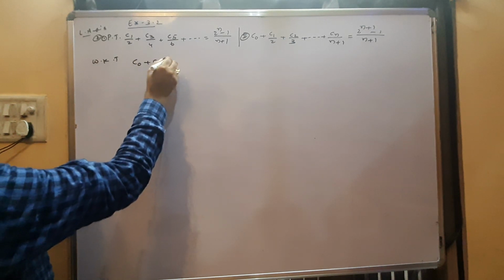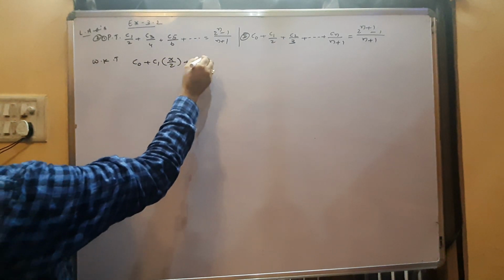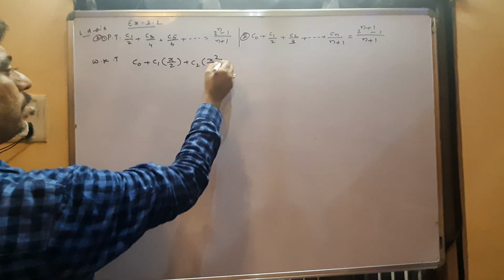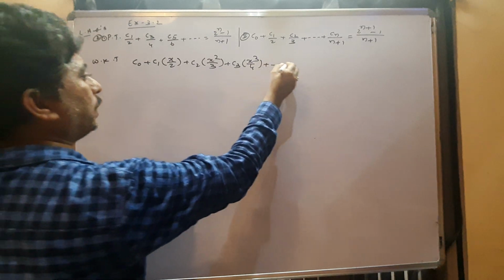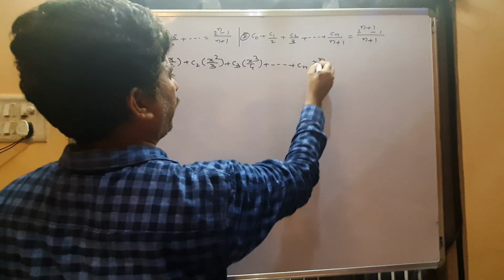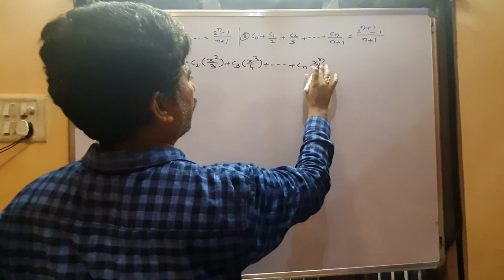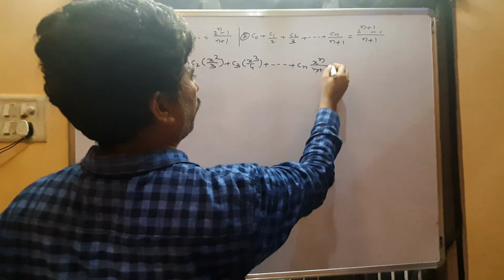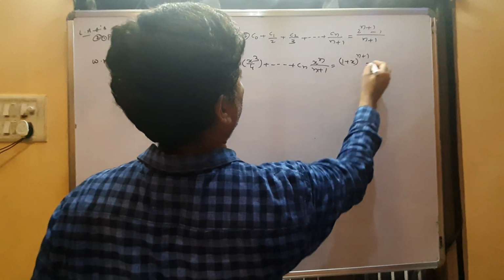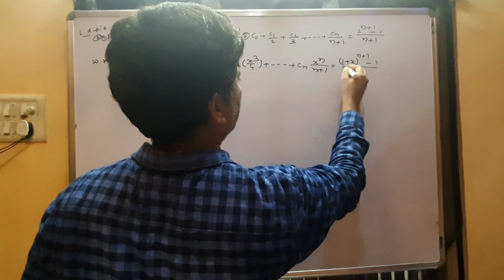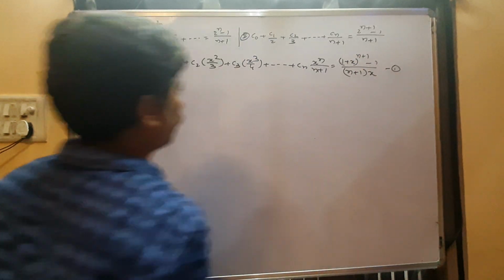C0 plus C1 into x by 2 plus C2 into x square by 3 plus C3 into x cube by 4 plus and so on, Cn into x power n by n plus 1 equals (1 plus x) whole power n plus 1 minus 1 by n plus 1 into x. Call this equation 1.